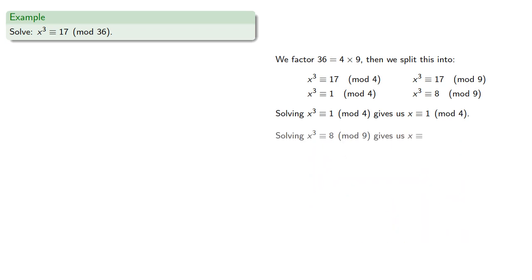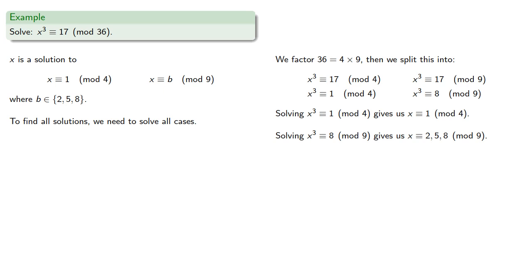Solving x cubed congruent to 8 mod 9 actually gives us 3 solutions: 2, 5, and 8. And what this means is that x will be a solution to x congruent to 1 mod 4 and x congruent to b mod 9, where b is one of these numbers. To find all solutions, we need to solve all cases.